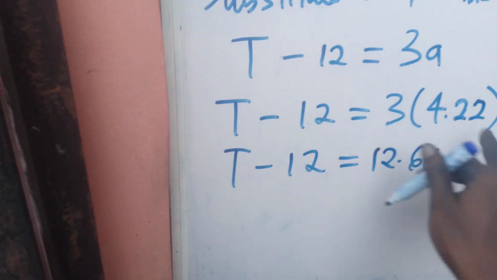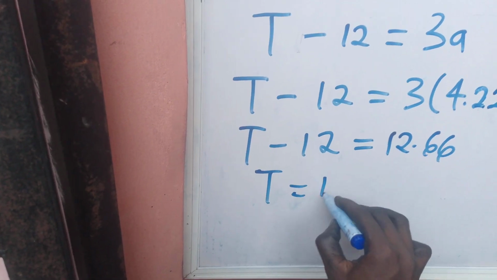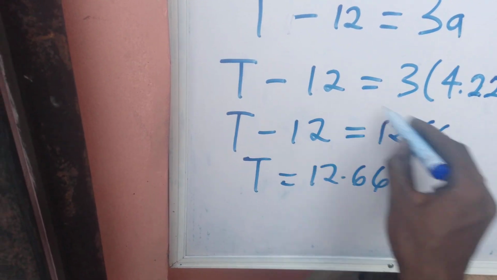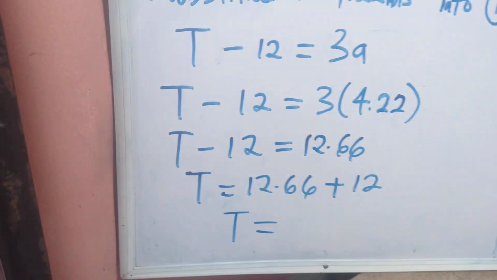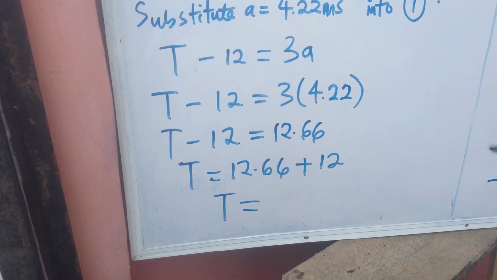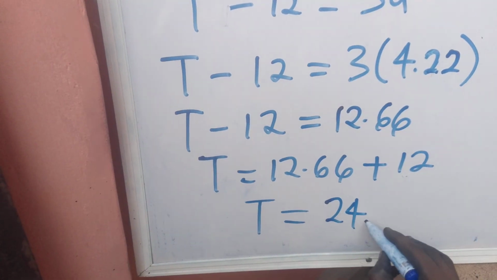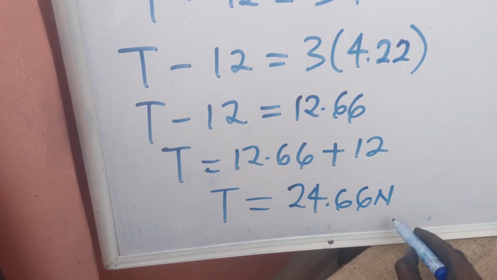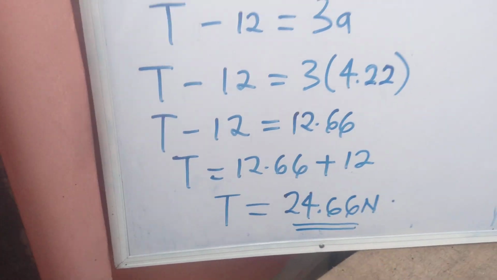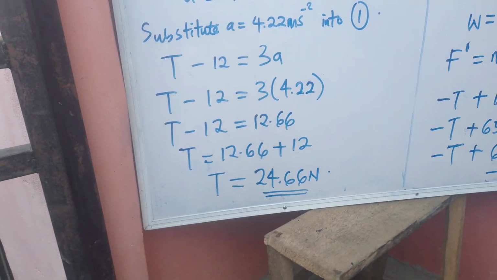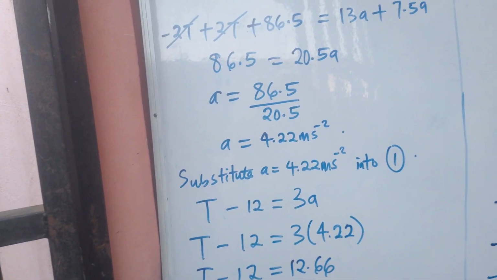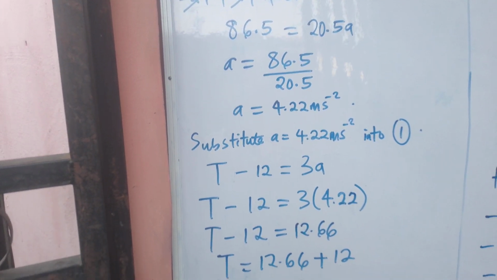If I collect like terms, T will be equal to 12.66 plus 12. So the tension force T will be equal to 24.66 Newton. Okay, so that is the tension. The tension in the string is 24.66 Newton, and the linear acceleration is 4.22 meters per second squared.